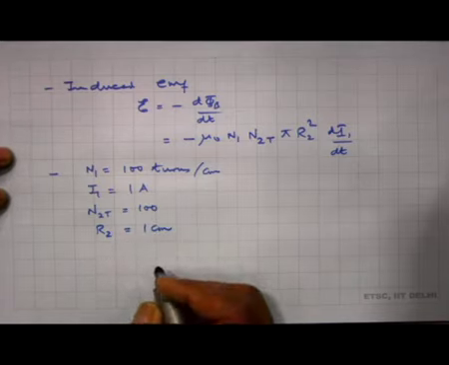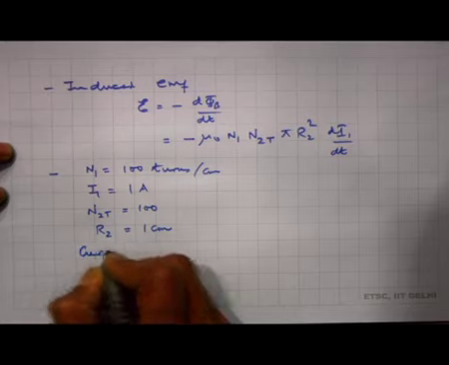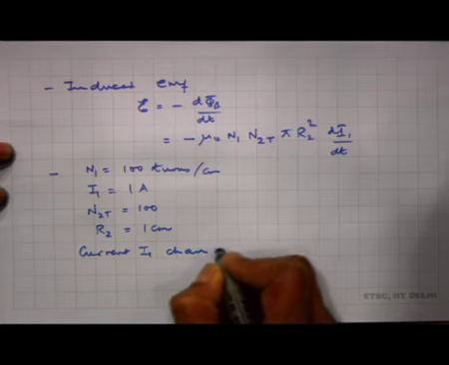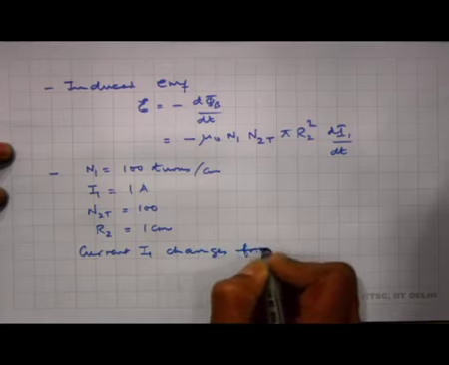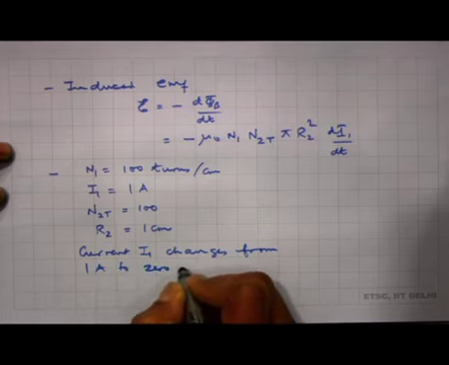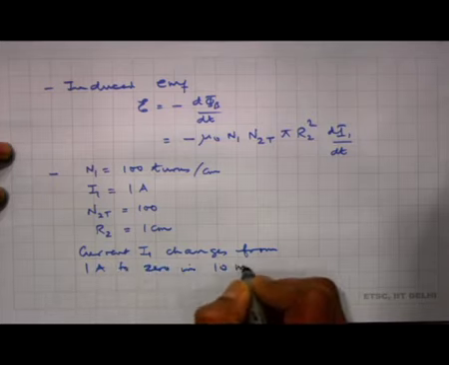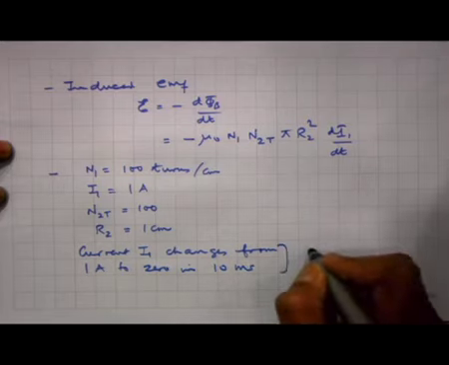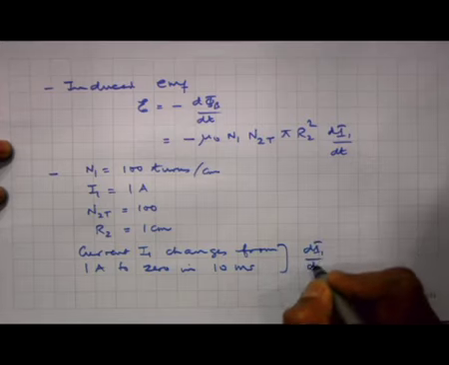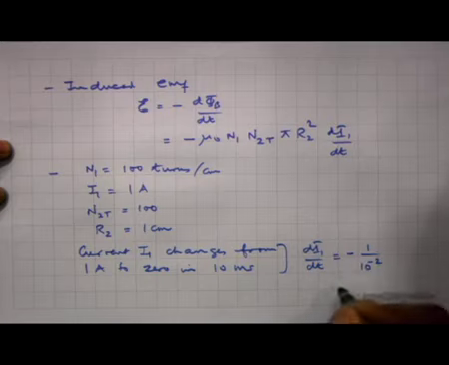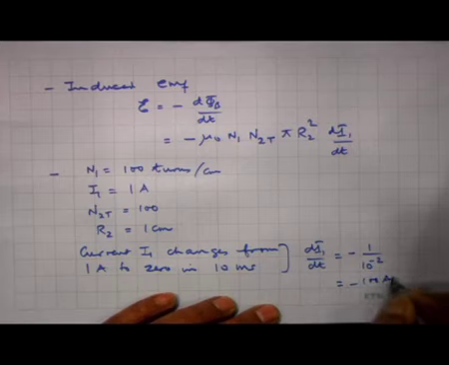And let me assume that the current I1 changes from 1 ampere to 0 in 10 milliseconds. So, this will give me a rate of change of current dI1 by dt of minus 1 by 10 to the minus 2 seconds, which is equal to minus 100 ampere per second.